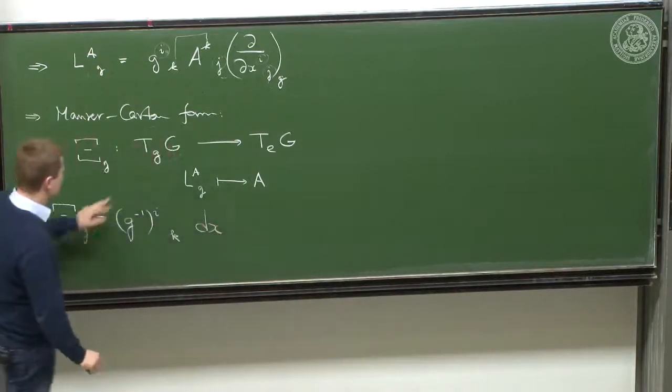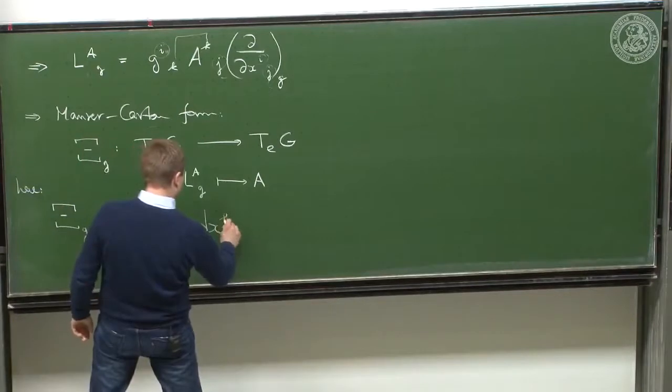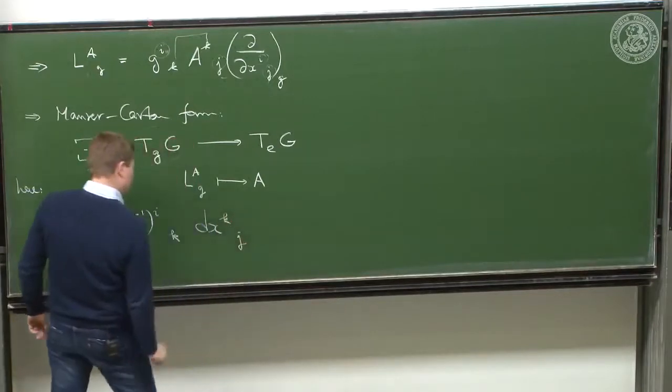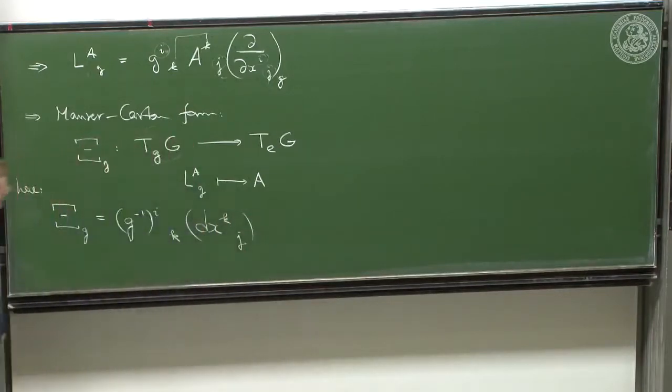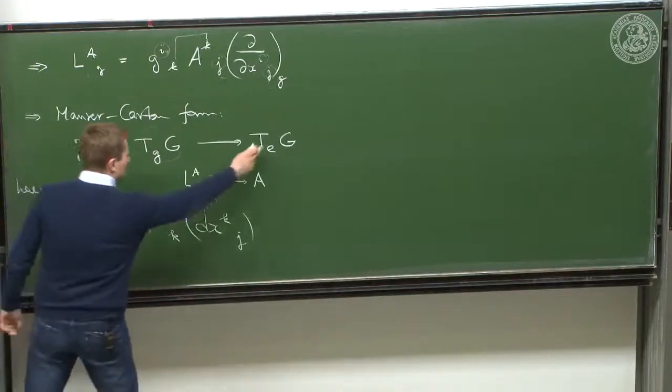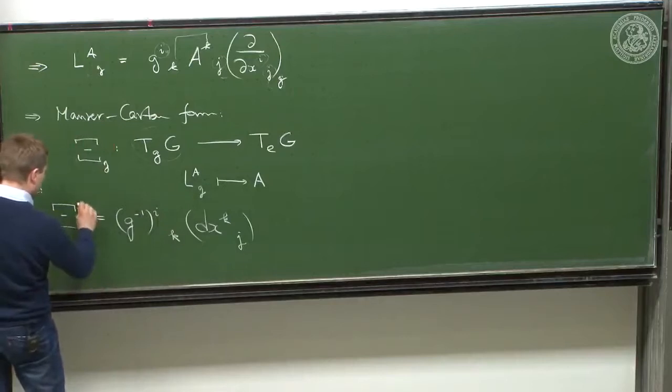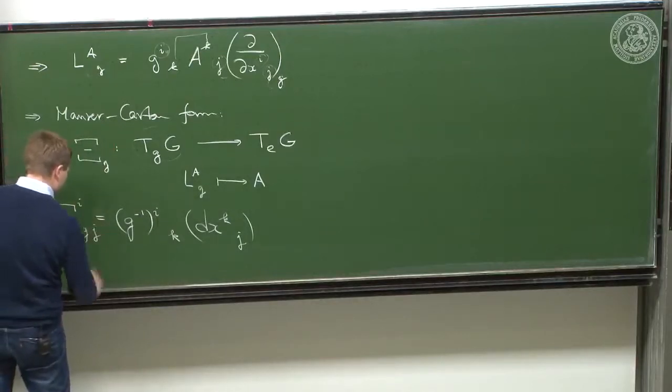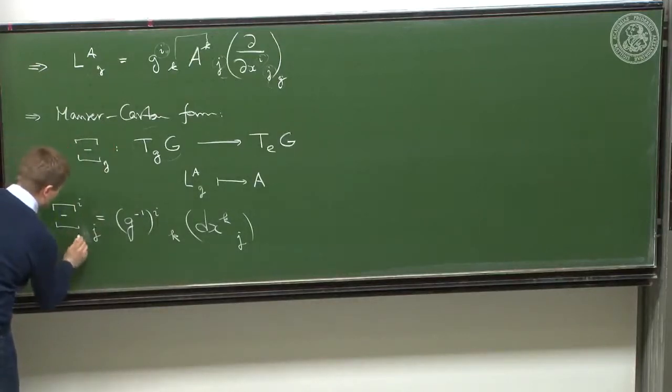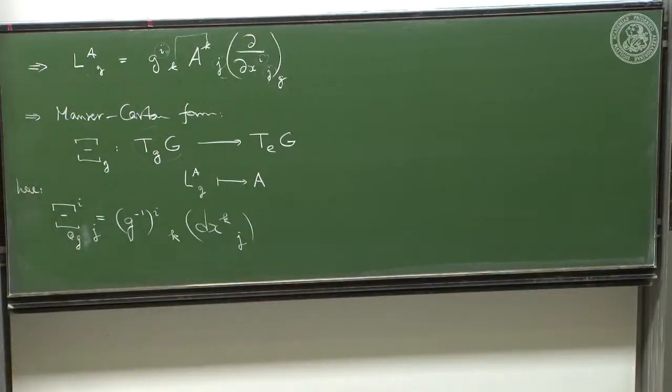Right, so because there's a form on here, so it must have kj indices. So this is now the co-basis. Of course, it's a form. And the result lies in the Lie algebra, but we coordinatize, so it has indices ij. This is at the point G. I write an at here for clarity. It's not an index. So this is the Maurer-Cartan form.